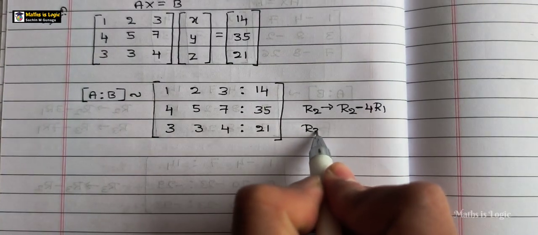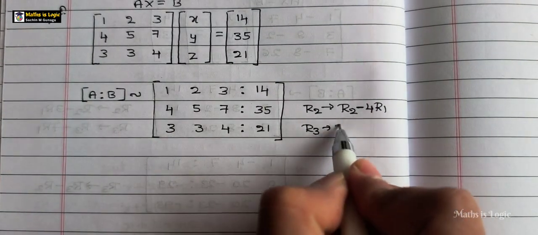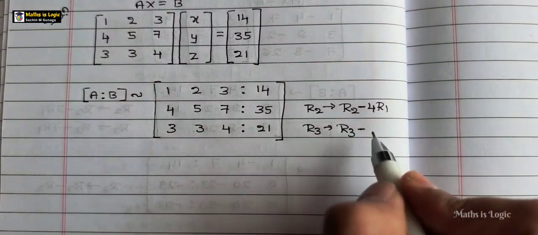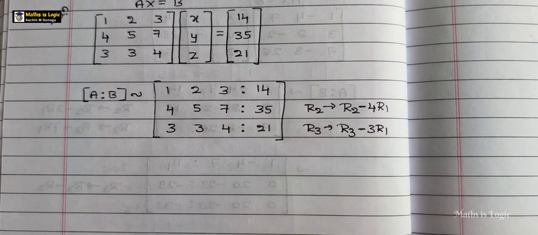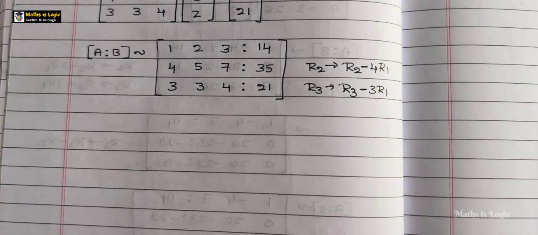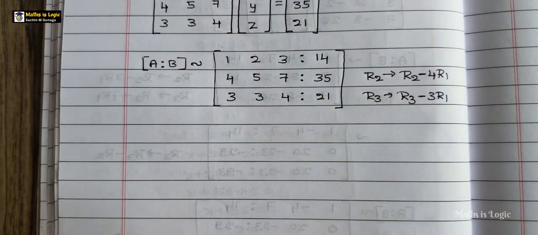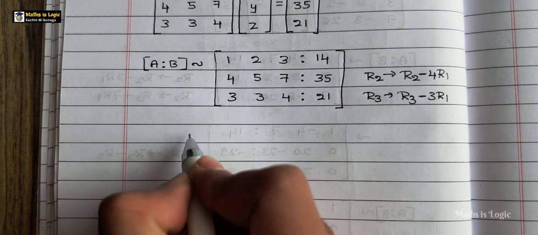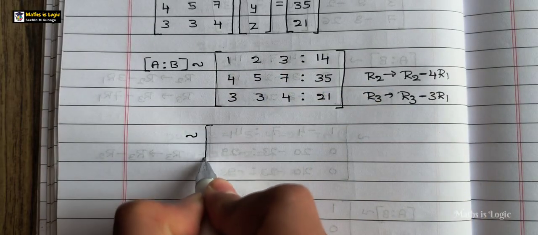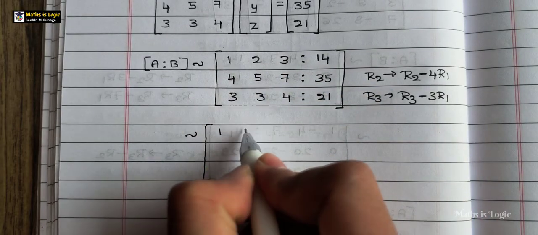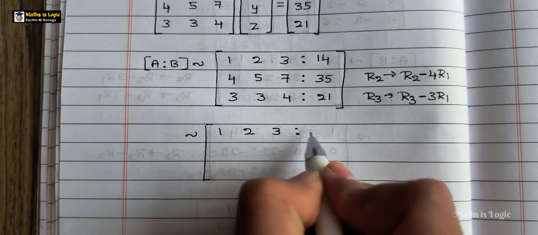Next, R3 changes to R3 minus 3 times R1. We are not changing the first row, therefore keep the first row as it is: 1, 2, 3, 14.